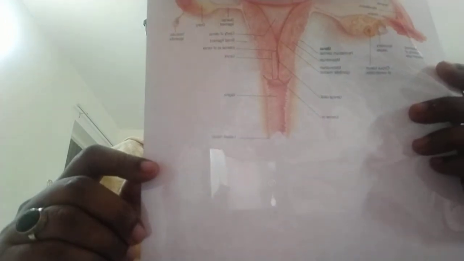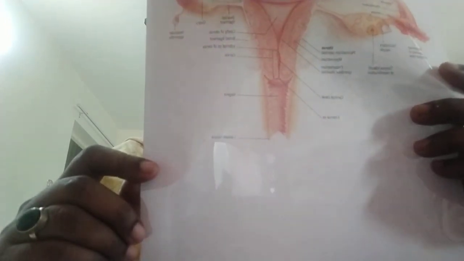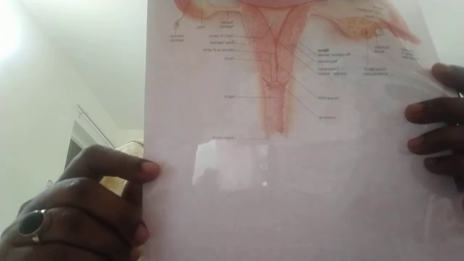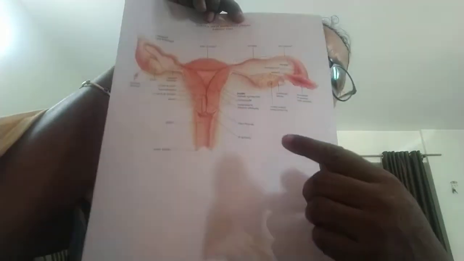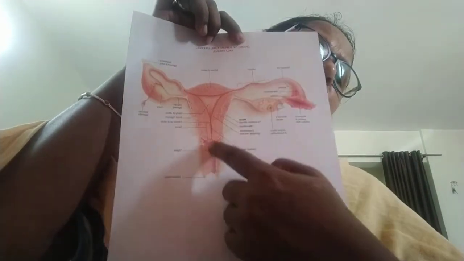The anterior wall is 7.5 centimeters long and the posterior wall is 9 centimeters. The vagina has the appearance of the letter H in closed section. If we look, it is the letter H in a closed section.